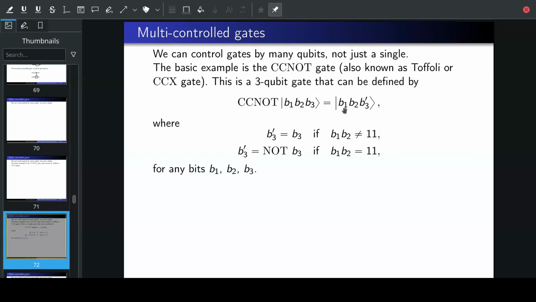Nothing happens if the first 2 bits are not exactly 1 and 1. But if the first 2 bits are exactly 1 and 1, then we flip the third bit. So we apply the NOT operation, and hence the name controlled-controlled NOT.